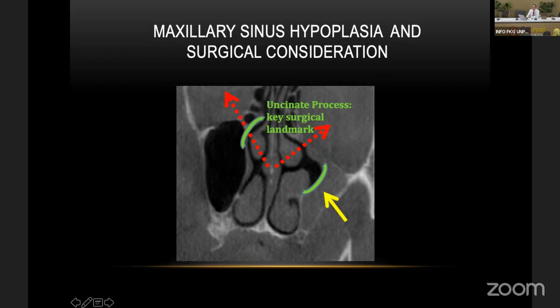A lot of times, ENT or head and neck surgeons open up this uncinate process to clean up the sinuses. If there's a lot of infection in the sinuses, we need to open up the sinus drain, by breaking the uncinate process.